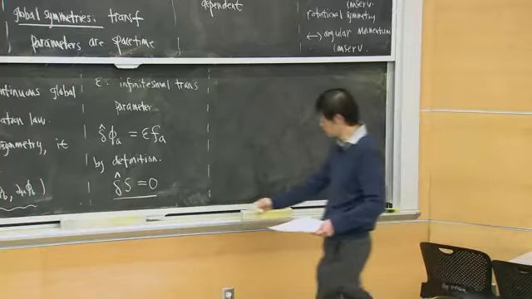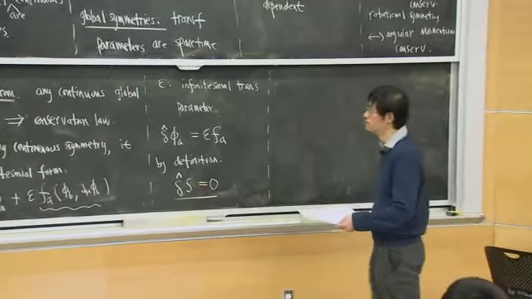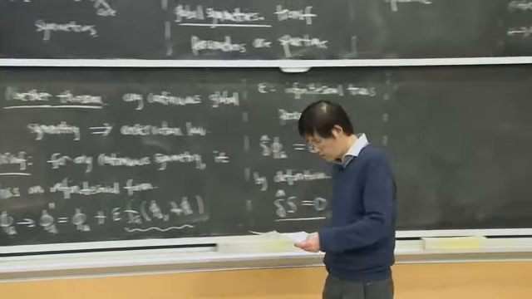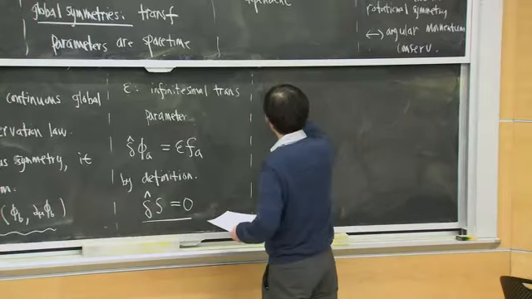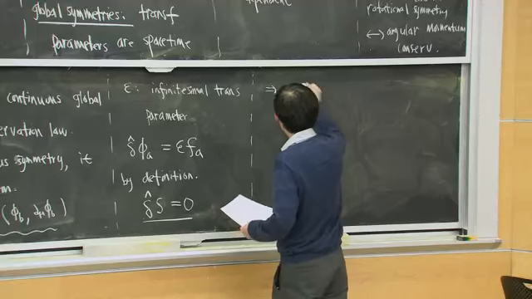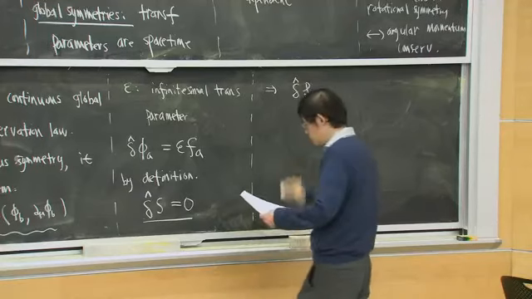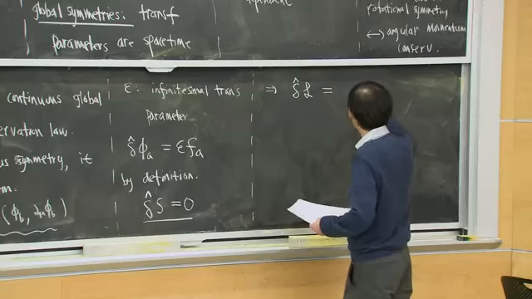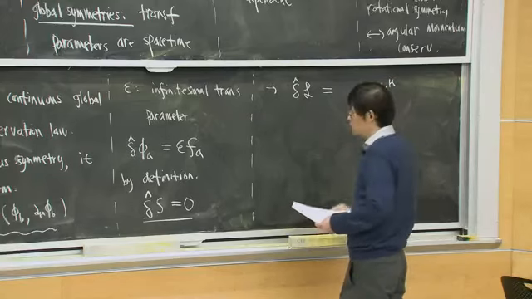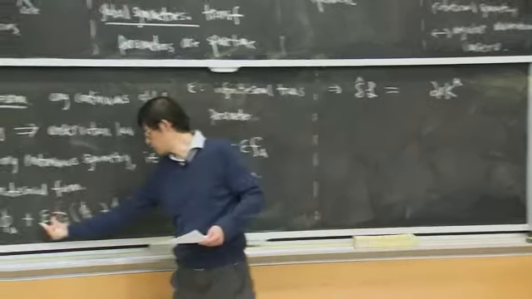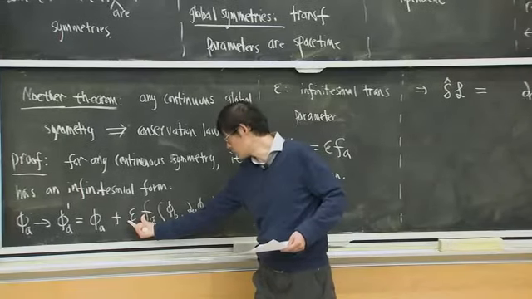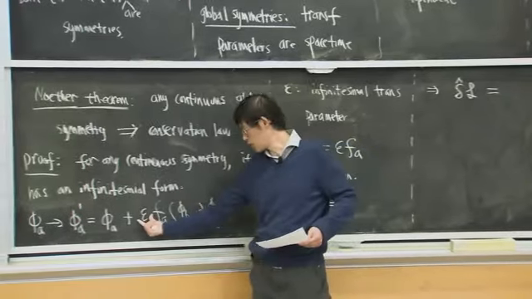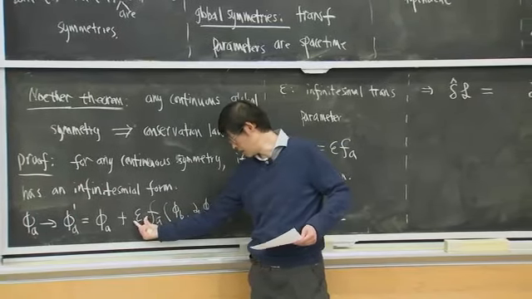Now let's look at the consequence of it. We can vary this L. This means that the variation of the Lagrangian density must be a total derivative. Since every transformation is proportional to epsilon, a small parameter, we only need to keep track of linear order in epsilon.